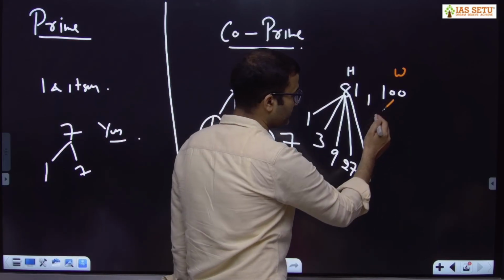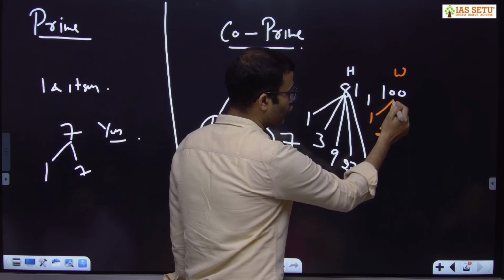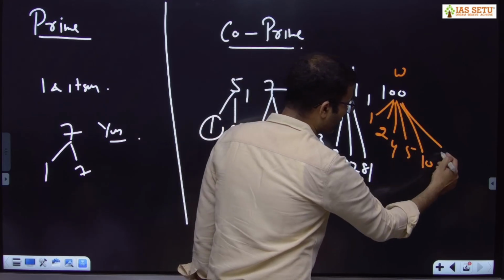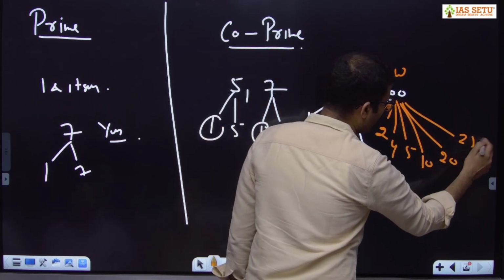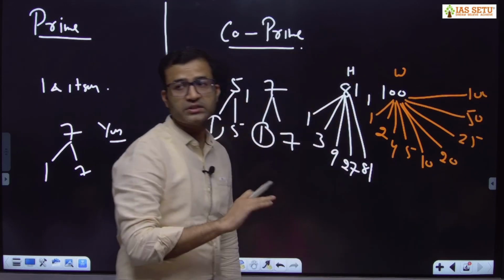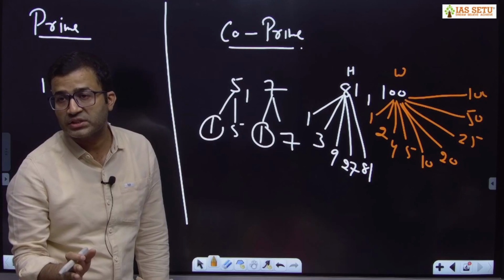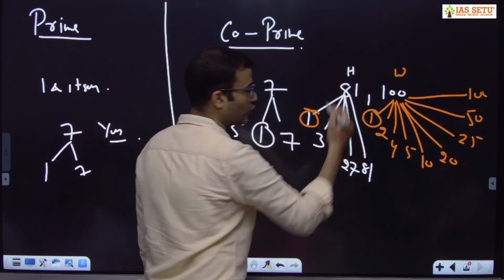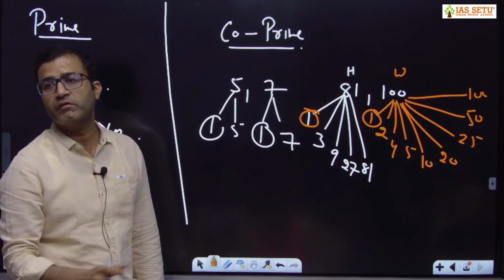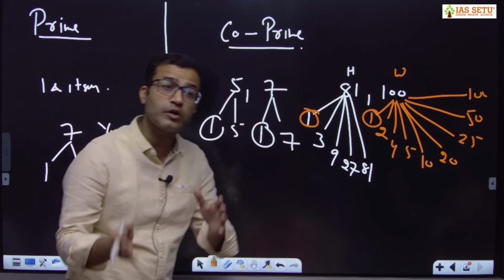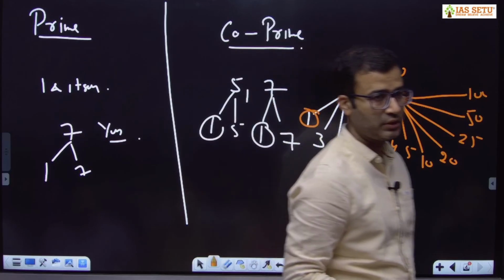See my relationships with 1, 2, 4, 5, 10, 20, 25, 50, 100. Here there is a restriction on relationships. Where is the restriction on common relationship? They have only one common factor, only one common relationship. That's why 81 and 100 are also co-prime to each other.